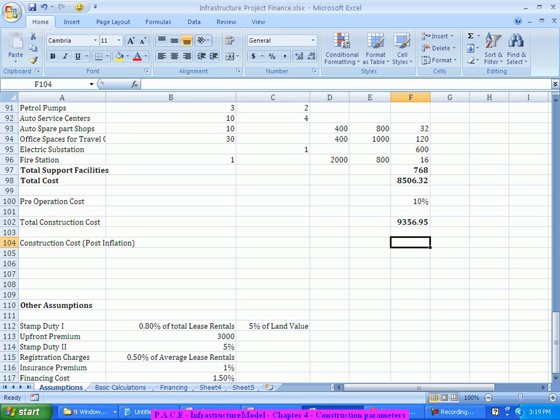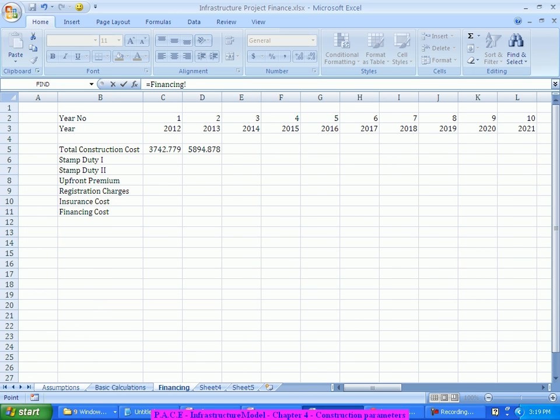So this will come out as the sum of those two for me, the first year cost and second year cost. First year is without inflation, second year is with inflation. So I'll get into this financing sheet and add these two things.